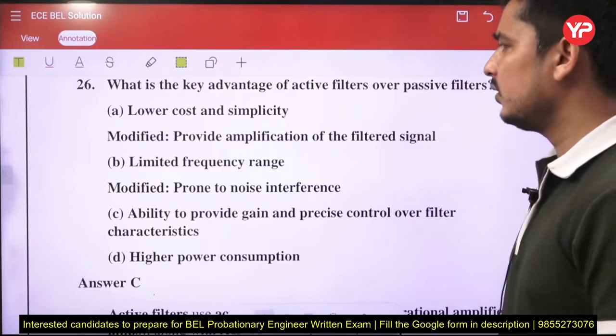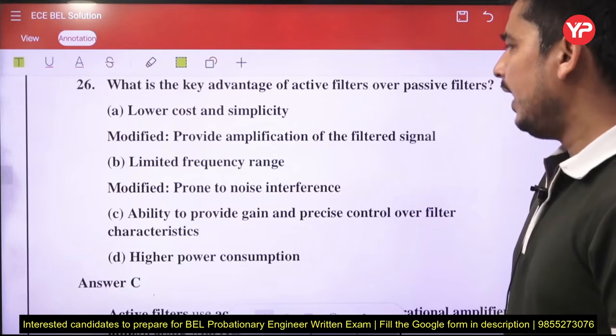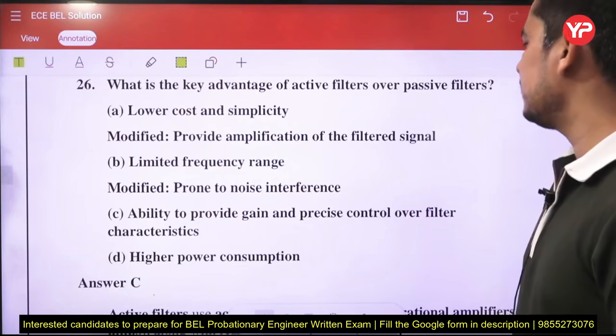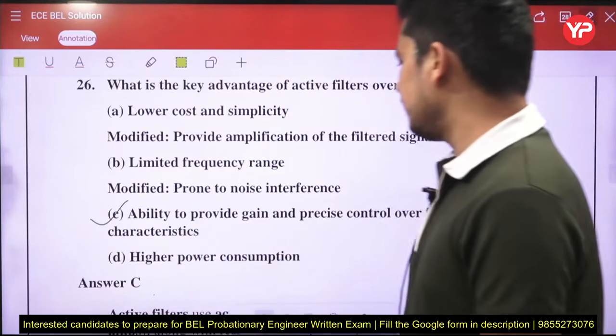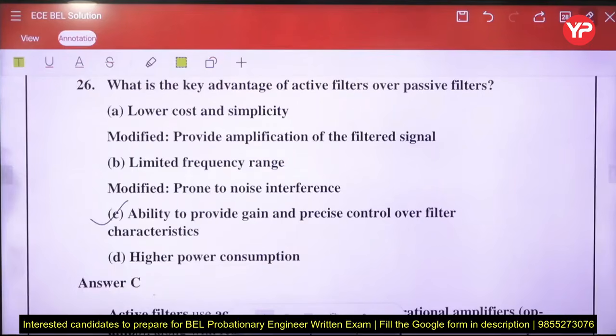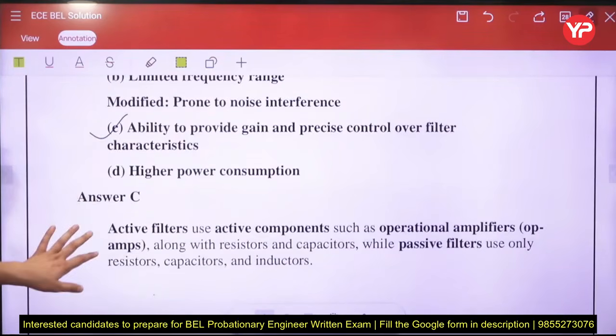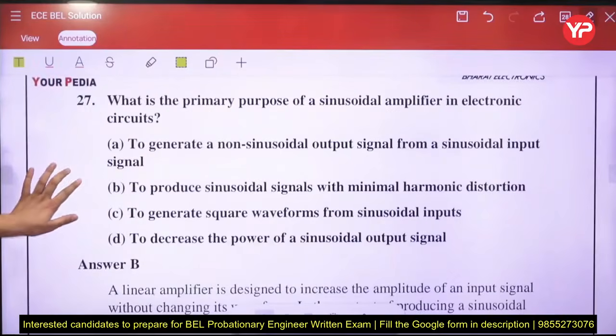And simplicity is not there. Provide amplification of the filtered signal, right? Limited frequency range, no. Ability to provide gain and precision control over filter characteristics, that will be the answer. Higher power consumption, no. Power consumption is not that much higher. So the main reason is the ability to provide gain and precise control over the filter characteristics. That will be the answer for this question.